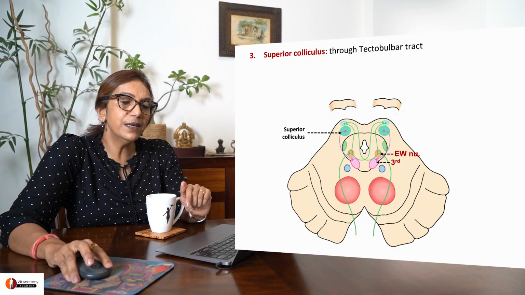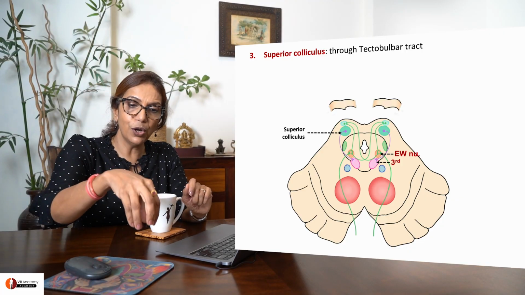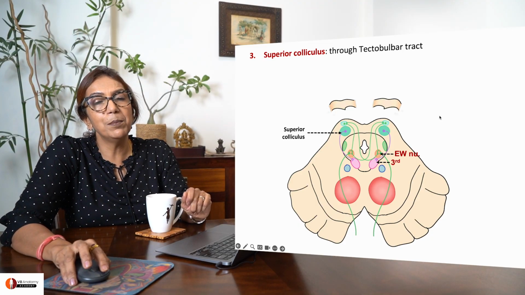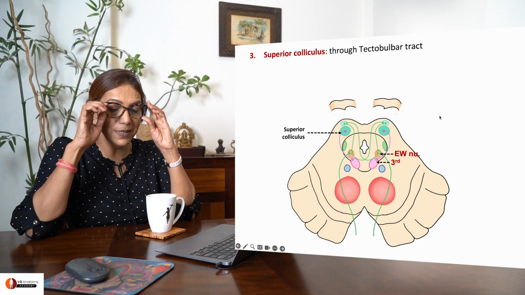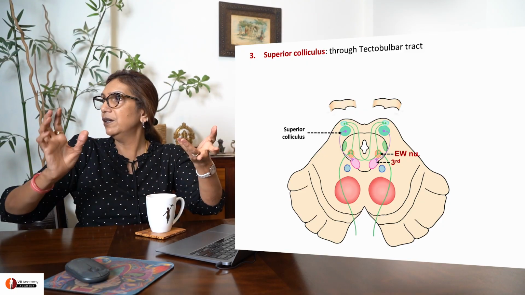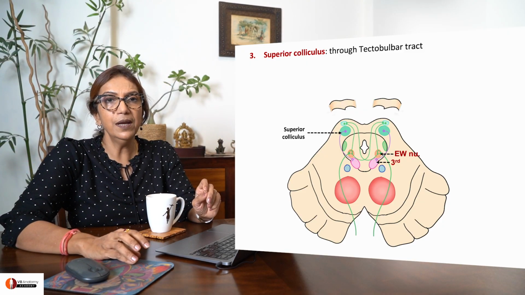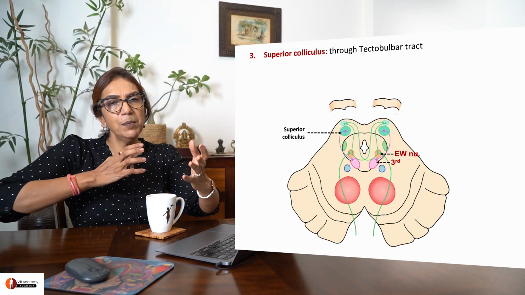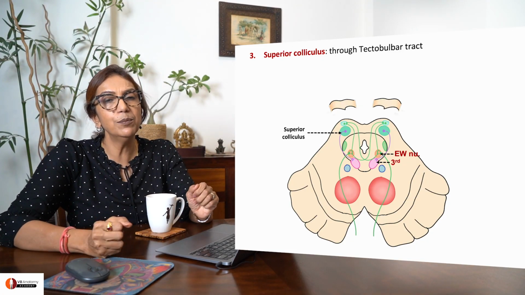What other connections? Connections to the superior colliculus nucleus. This gives rise to tectobulbar fibers. So when a truck is approaching you and your whole body turns towards the truck, how does it happen that your body moves, your eyes move, everybody moves in a smooth coordinated movement?